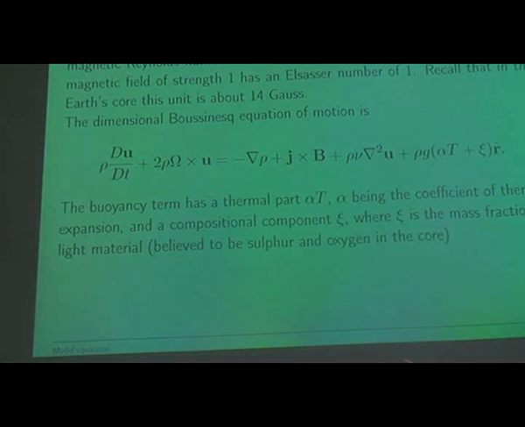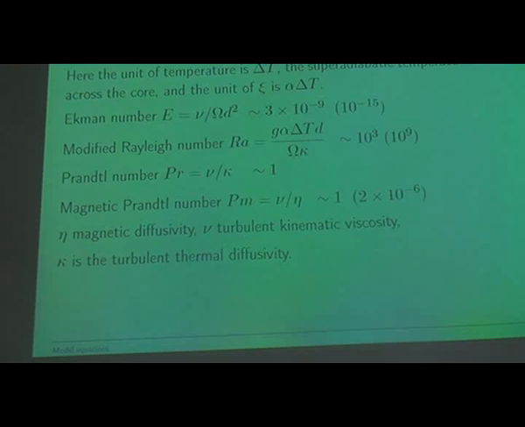And in the core, we believe we've basically got a mixture of sulfur and oxygen, which is the light material, together, of course, with the iron, which is the heavy material. So the mass fraction of the light material is that psi. To be more precise, that psi is actually the departure of the compositional variable from its basic state, which is assumed to be a well-mixed state, the departure of psi from the mean value within it.